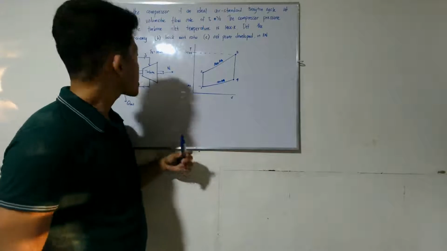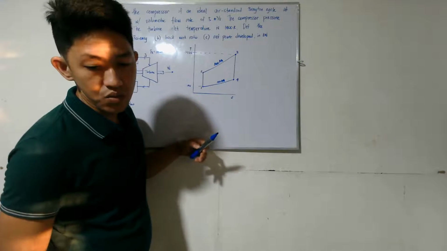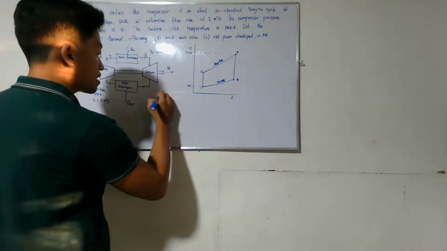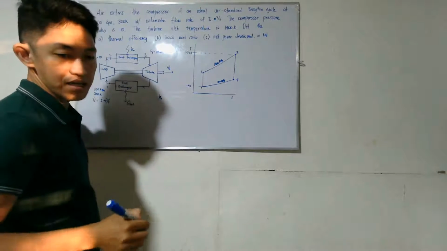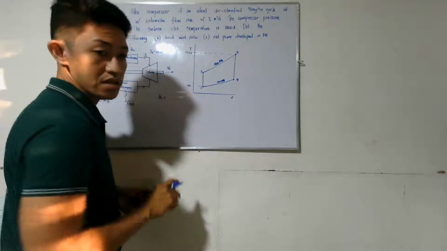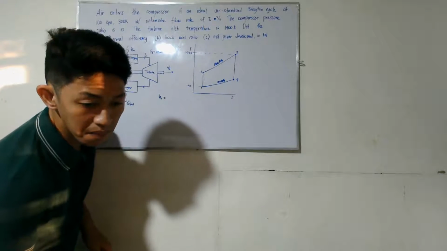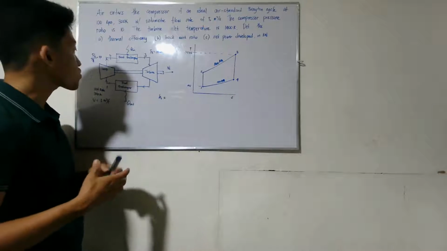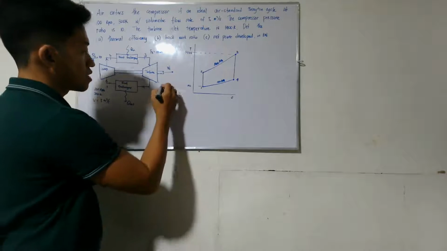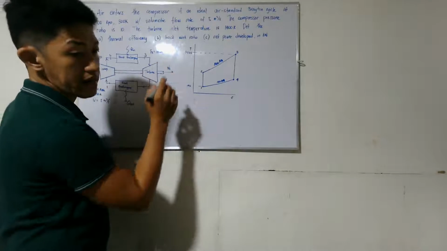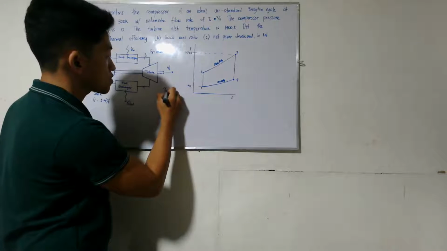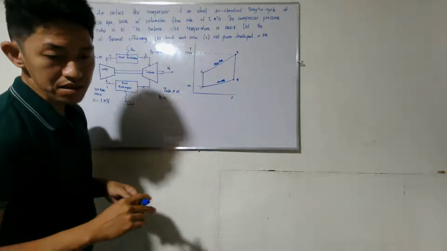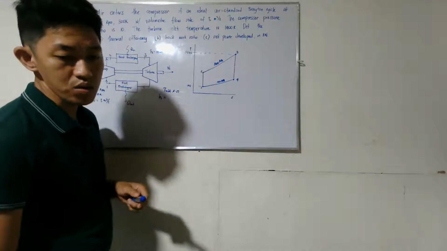So in order to determine the thermal efficiency, we need to get the enthalpy values at every state. Okay, so at point 1, since this is an air standard analysis, we'll use the properties on the table A-22.